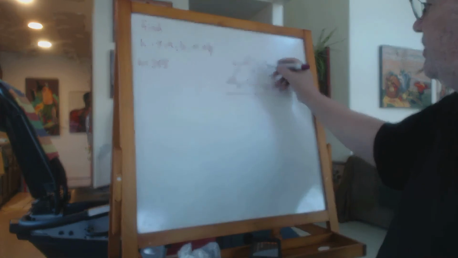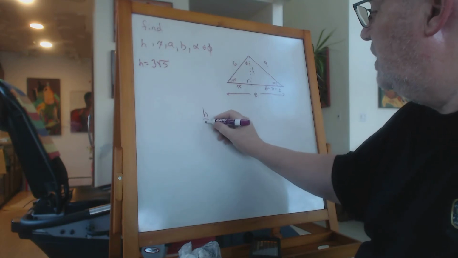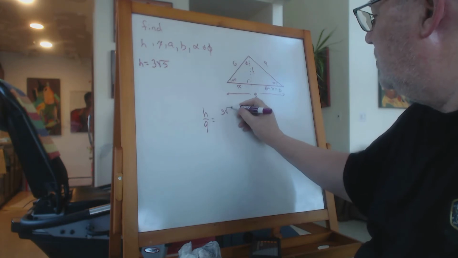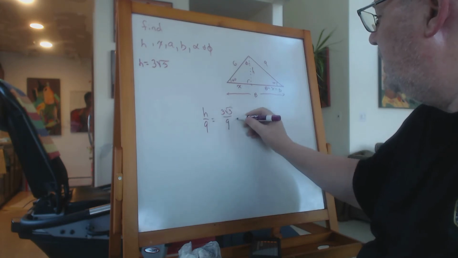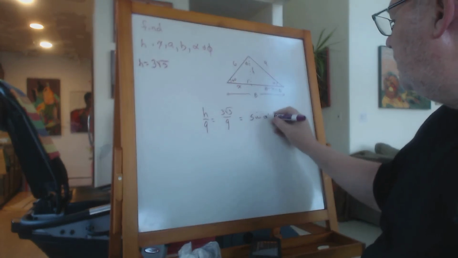Now, h over 9 is equal to 3 square root of 3 over 9 equals the sine of alpha.